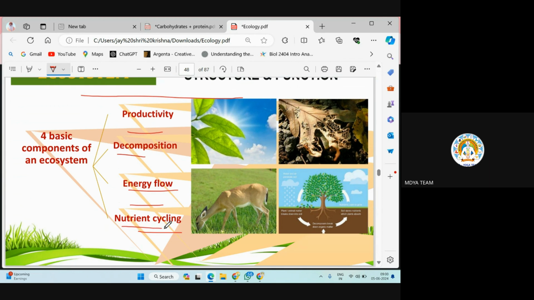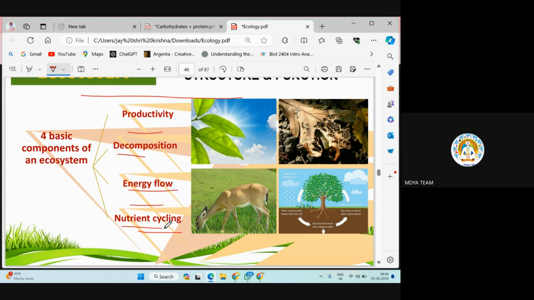And next is the nutrient cycle. Nutrient cycle means some nutrients are present in the soil. After some time, the trees will absorb those nutrients, and the soil will become nutrient deficient. So the nutrients should come back to the soil somehow. Two methods are there. After hundreds of years, the plant will die, decompose, and the nutrients will again dissolve in the soil.